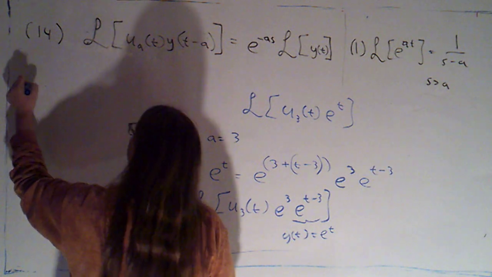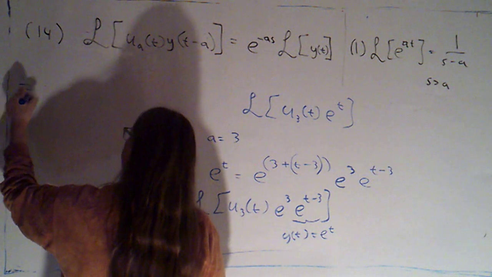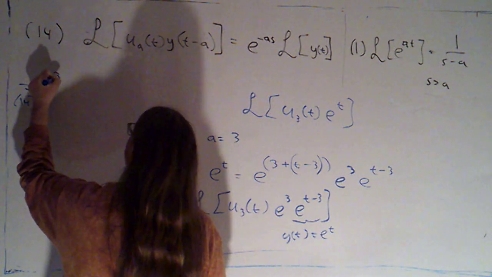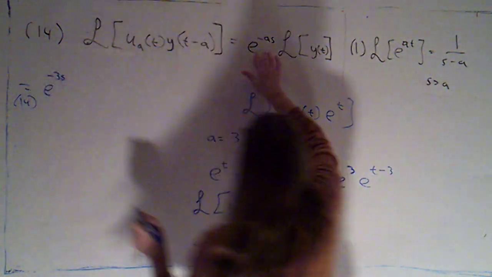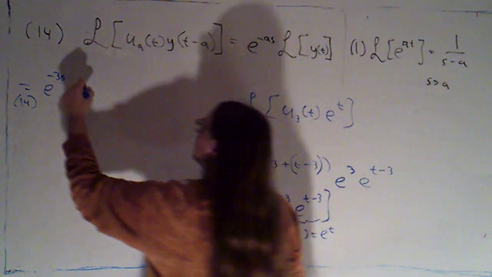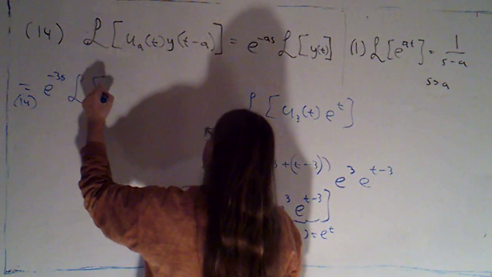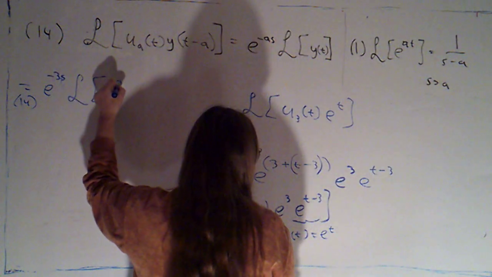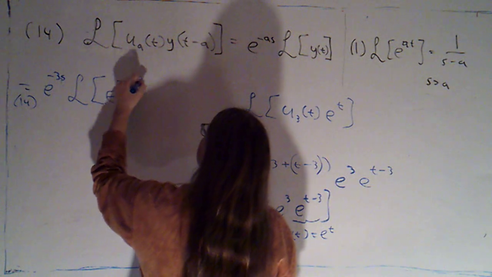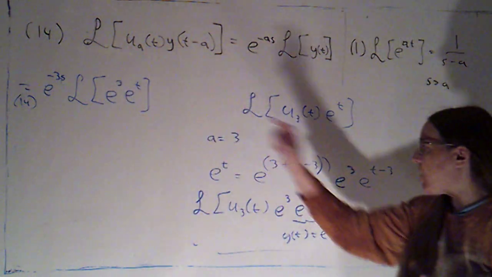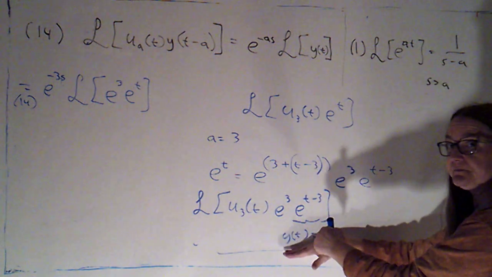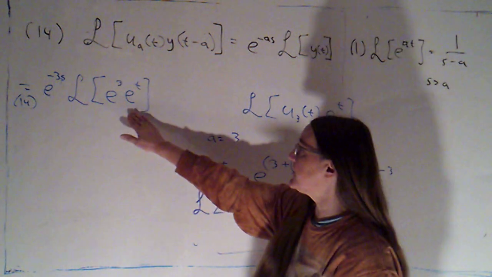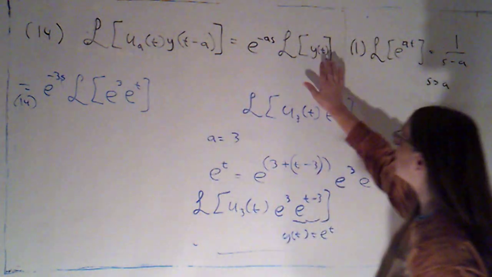I think I'm just going to bump over here as I do that. So I'm going to get, by formula 14, e to the negative 3s, here. And then I'm going to have the Laplace transform of e cubed times e to the t. That constant times the function that I'm shifting. I'm not taking the Laplace transform of e to the t minus 3.